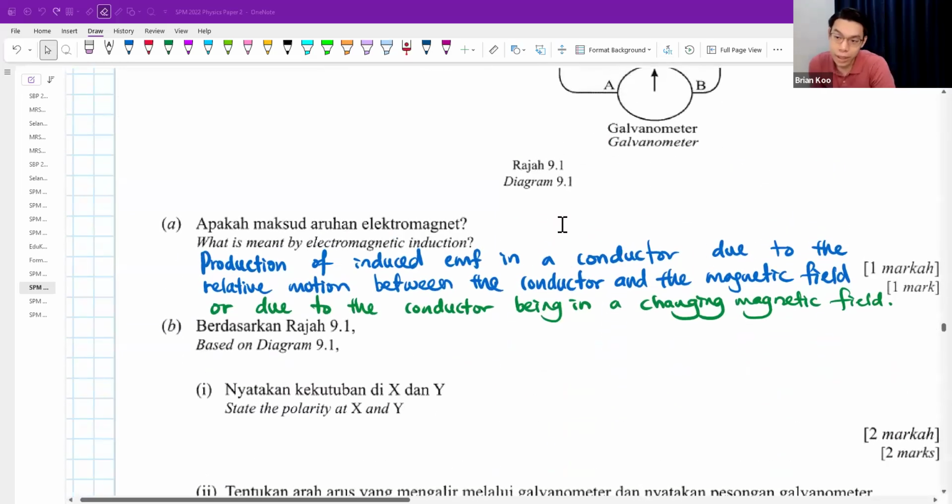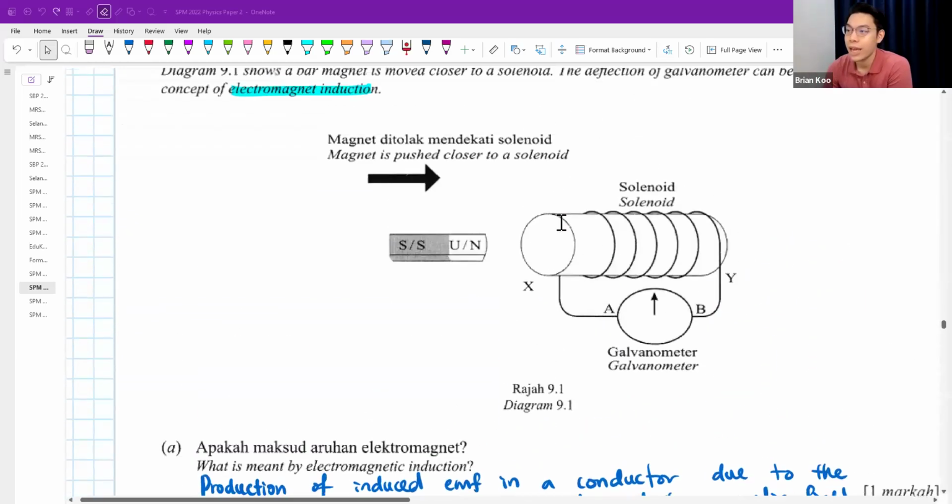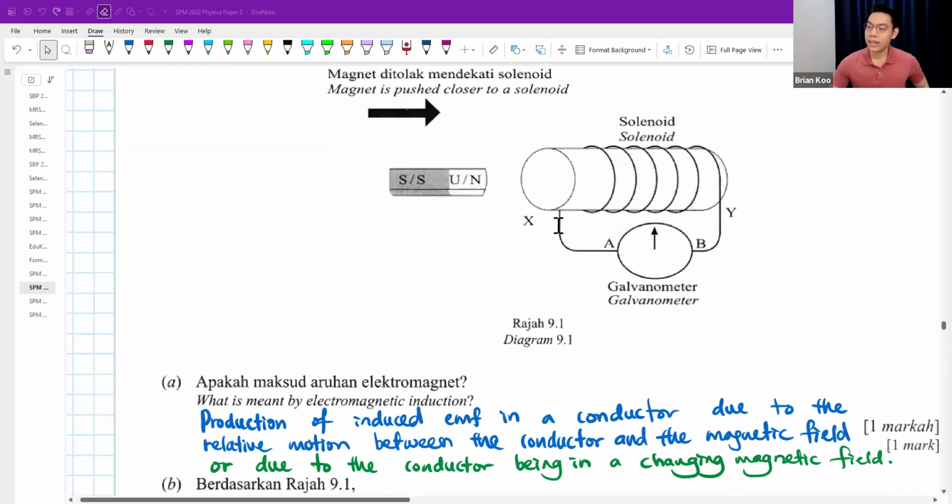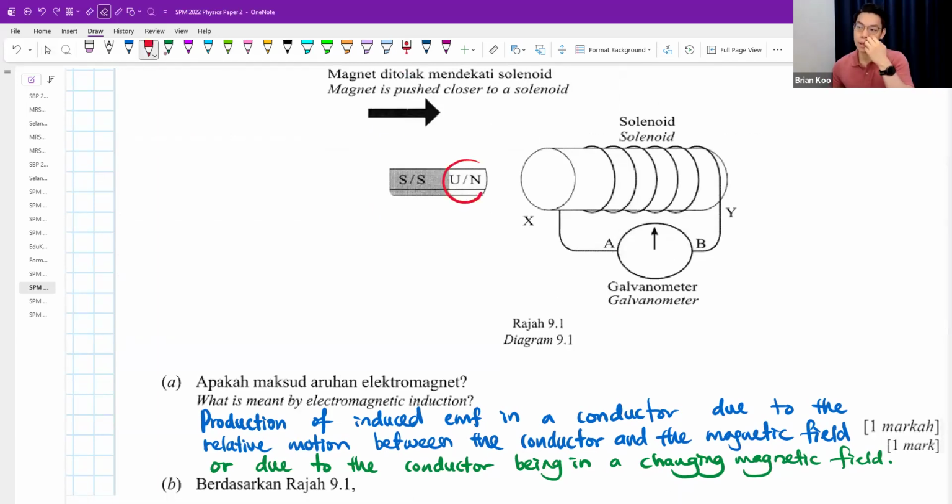Based on diagram 9.1, state the polarity at X and Y. The way I teach my students is I tell them this is Lenz's law. Whenever you push your magnet in and out like this, you're going to create a north and south at the solenoid. Now, when the north magnet is going into the solenoid, remember, the solenoid will always find a way to oppose whatever it is trying to do.